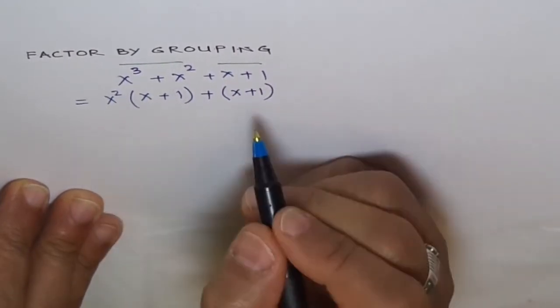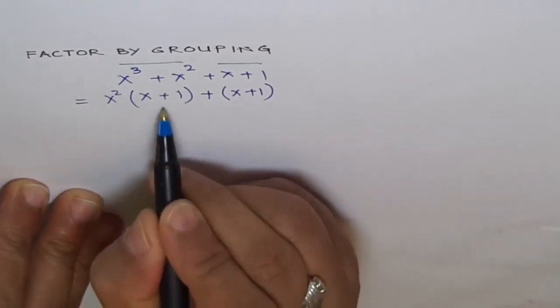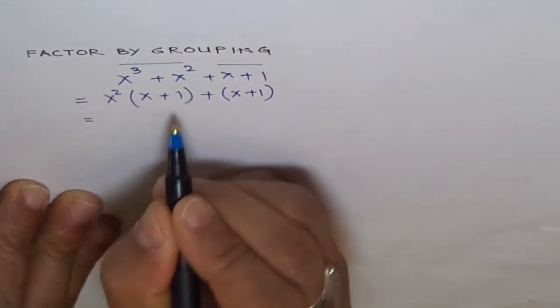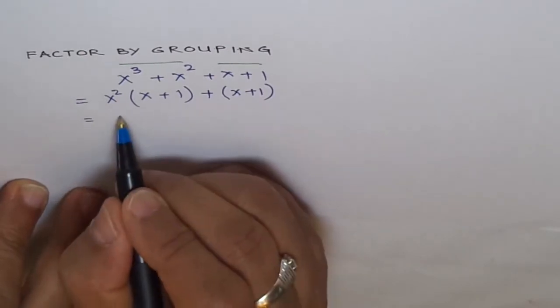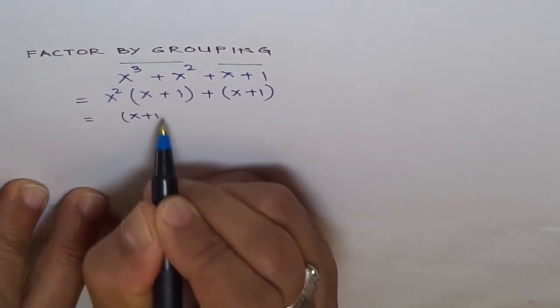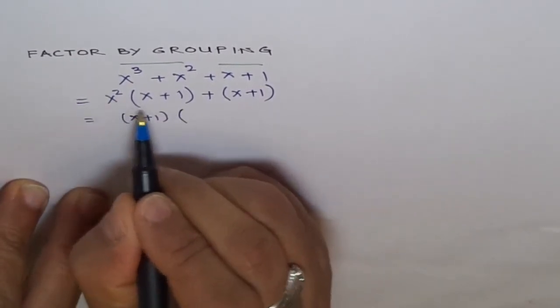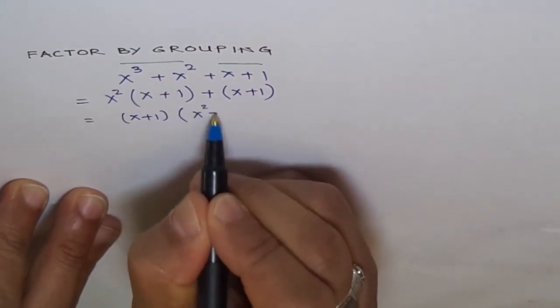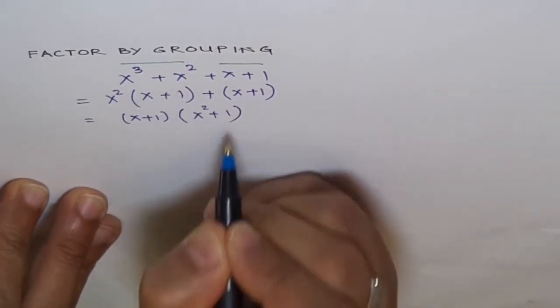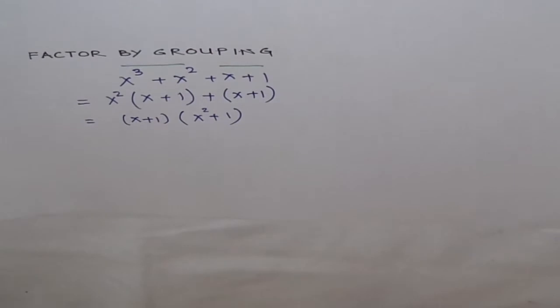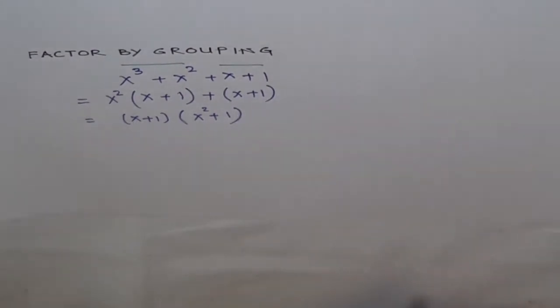Now, as you saw earlier, we got these 2 as common. So we can take or factor x plus 1 out, x plus 1. And you are left with x square from here plus 1 from here. So that's how we factor a polynomial in which there are how many terms? 4. And we could factor it by grouping.